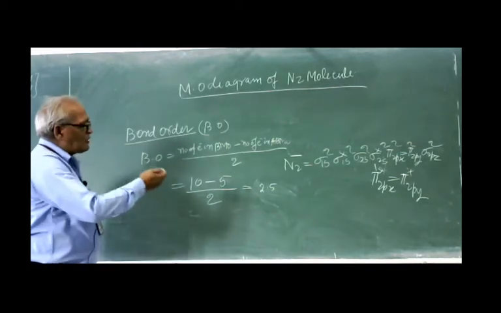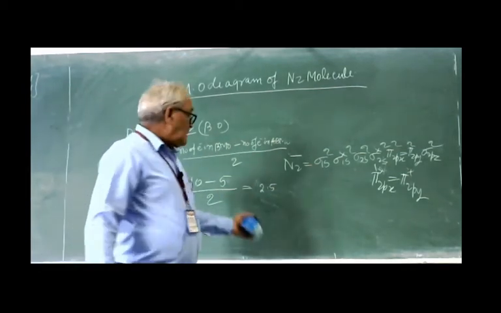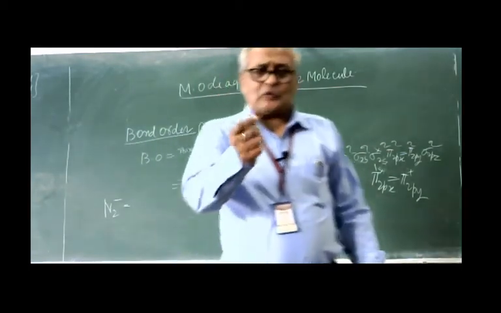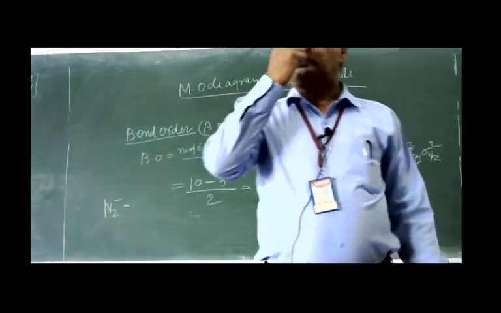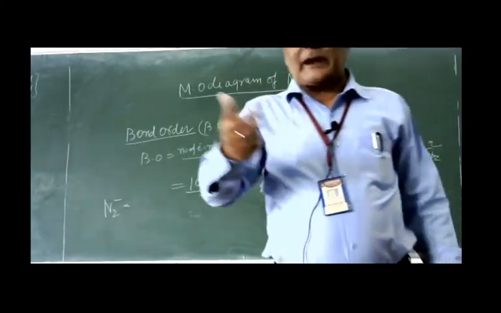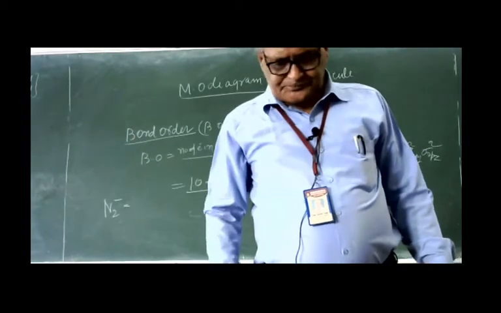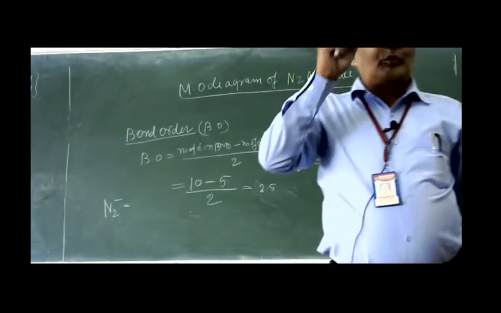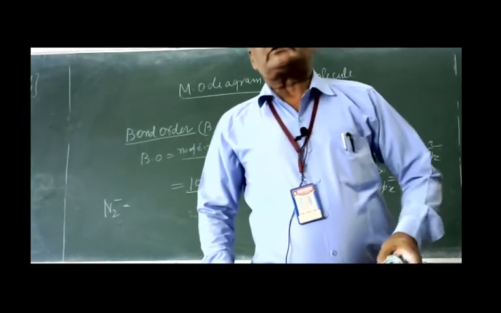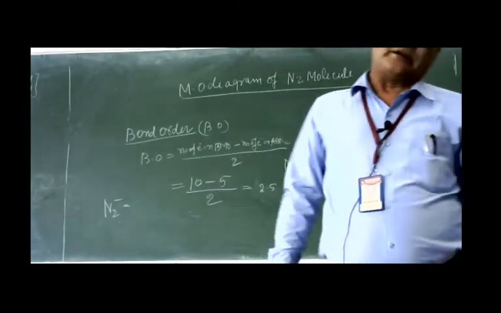So the bond order in N2 minus is 2.5. This is also very important to understand: the difference between molecular orbital theory and valence bond theory. According to valence bond theory, there was no concept of partial bond.